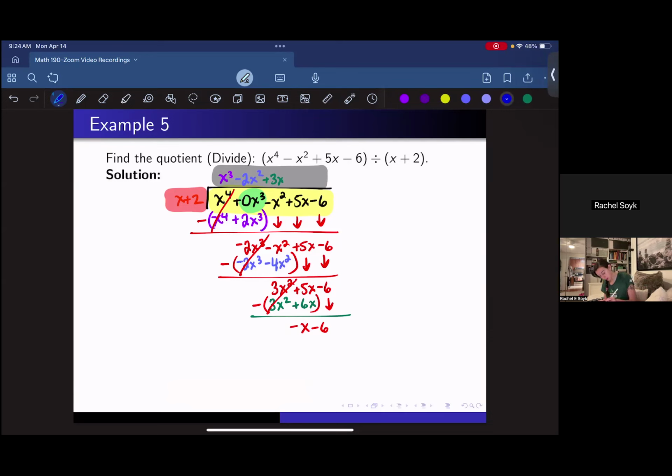We have x times negative 1 gives you negative x. And then we have negative 1 times 2 gives you a negative 2. Subtract. And so we get our remainder to be negative 4. And we are done.